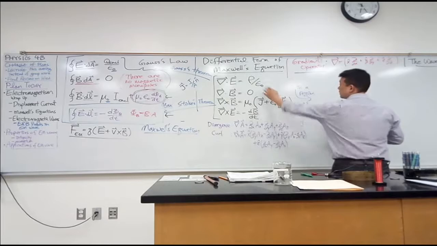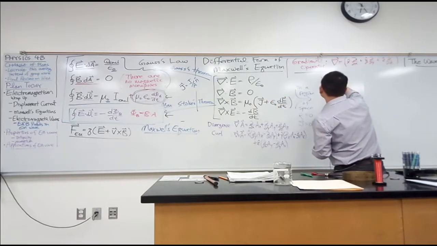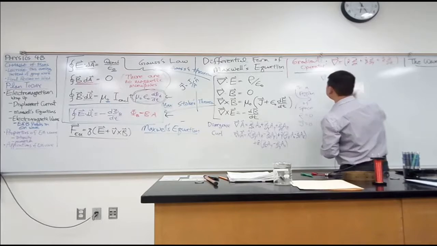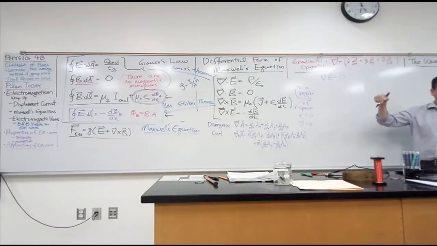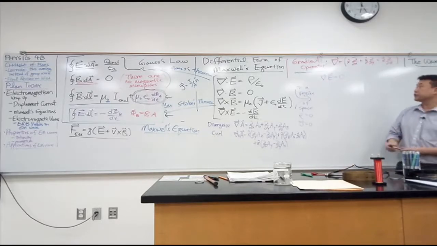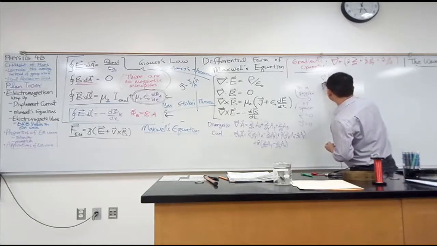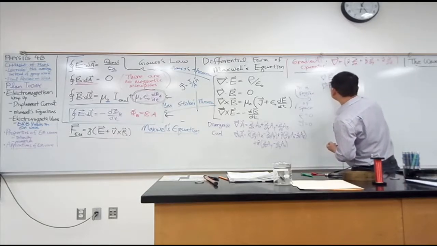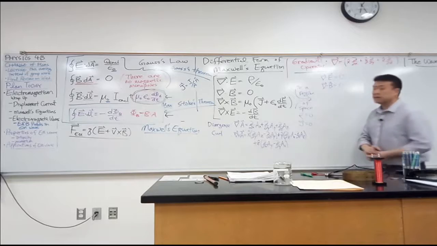If I do that, then these equations become: the divergence of electric field is 0, because in that particular location I'm looking at, there's no charge. The divergence of magnetic field was always 0.